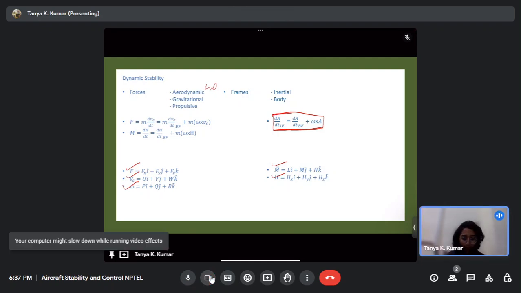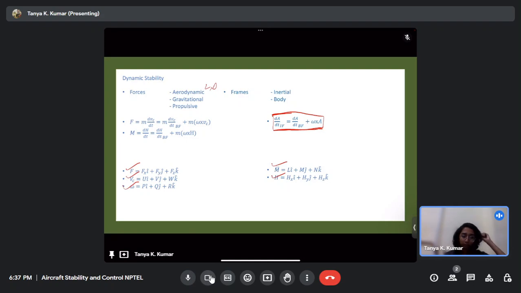Have you been able to find out the difference between the inertial and body frame? I don't think I am going to tell you the difference now. You need to know this. Look it up.